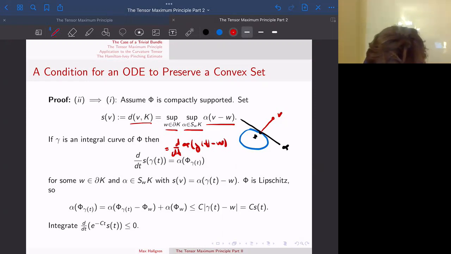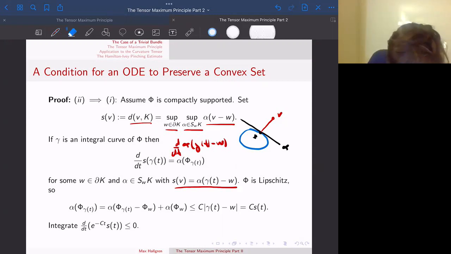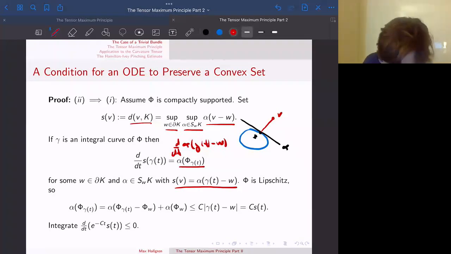So in other words, where S of V equals this. So we see that our spatial derivative is just equal to alpha of our vector field at the point gamma of t, wherever this function is differentiable.